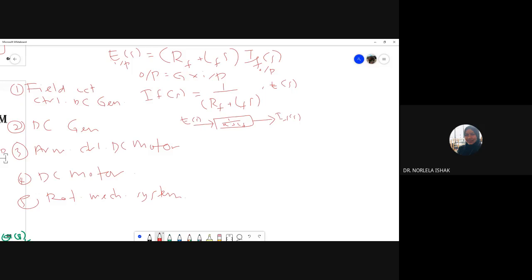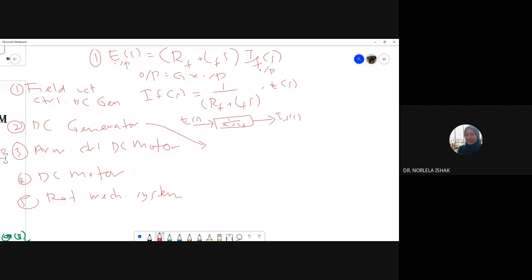How about the DC generator? How to derive the DC generator? This is for number 2. What was the DC generator equation earlier? What's the output?